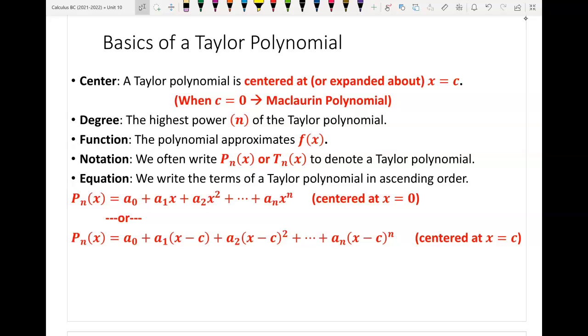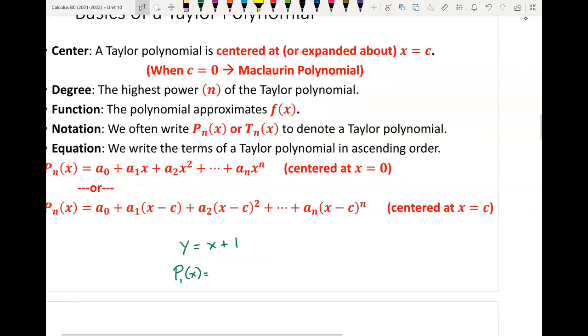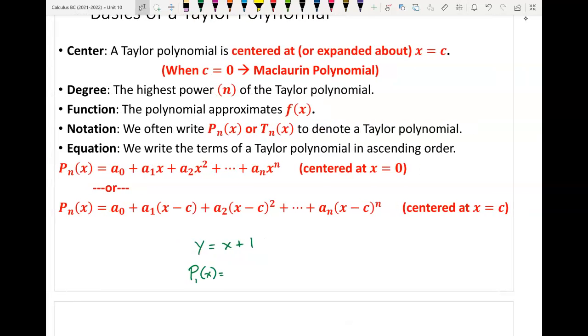And then equation. We have a specific way that we want to write it. We write the terms of the Taylor polynomial in ascending order. So if we think about the equation that we got on the last problem, x plus 1, really I would want to write this as p sub 1 of x, in ascending order, so we'd have the constant first, then plus the powers in ascending order.